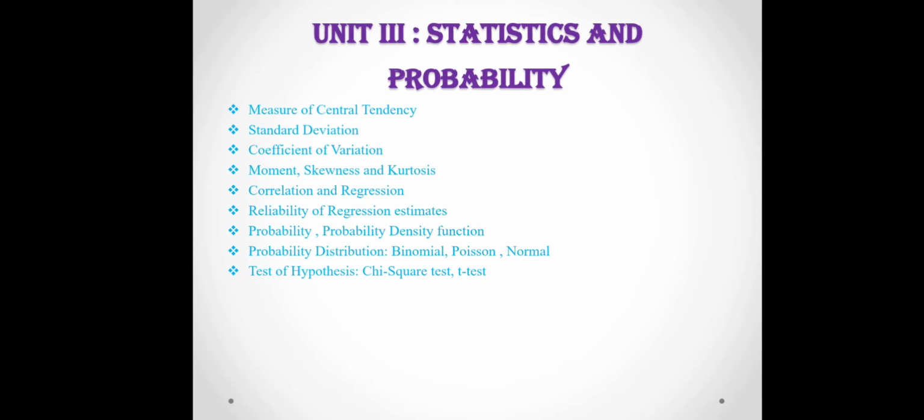In the second part, probability, we will learn probability density function and probability distribution. In probability distribution, we study 3 important distributions: binomial, Poisson and normal distribution. Also we have 2 tests: test of hypothesis, chi-square test and t-test.